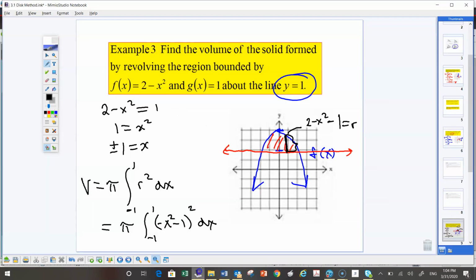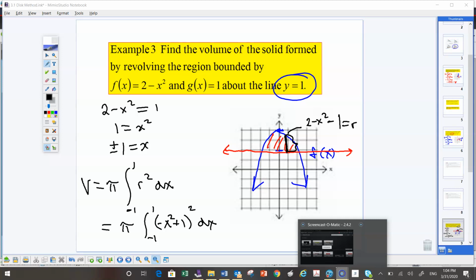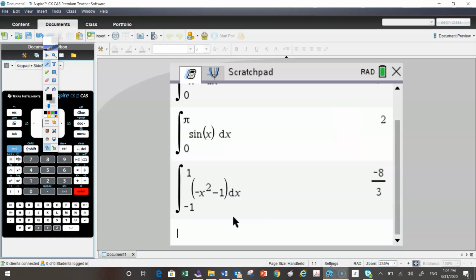So what did I do wrong here? This should have been plus 1. My mistake. So let's go back and change that. So we'll try that again.